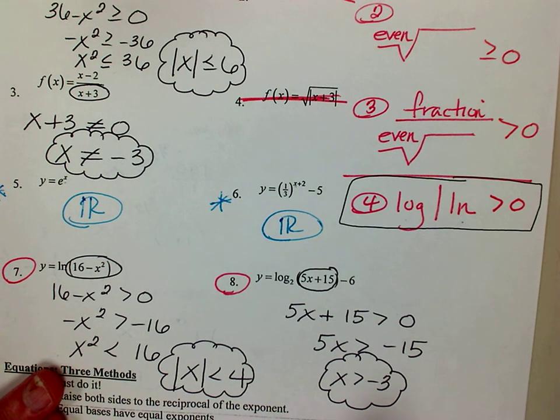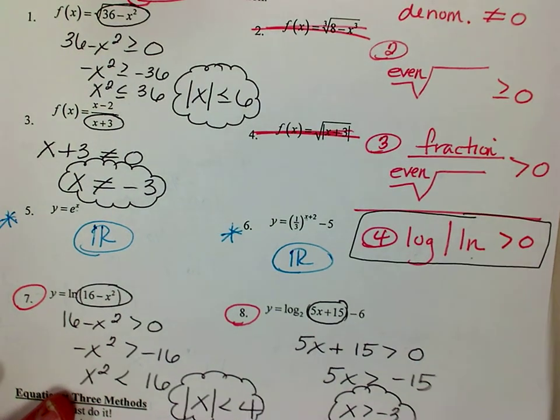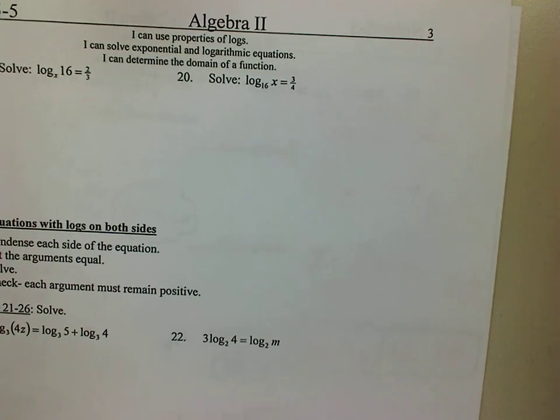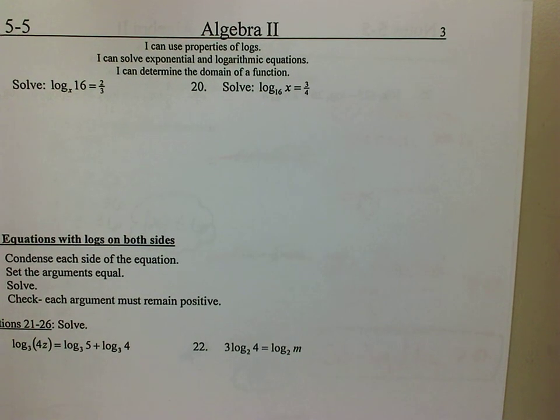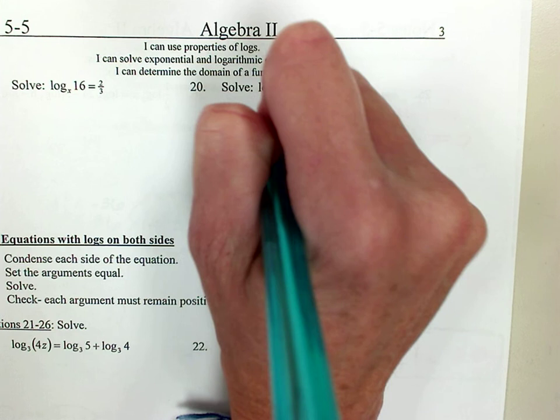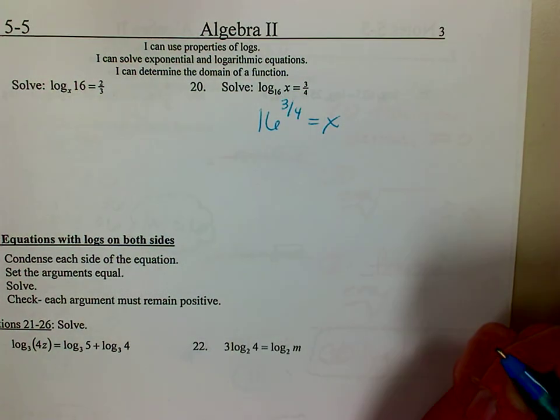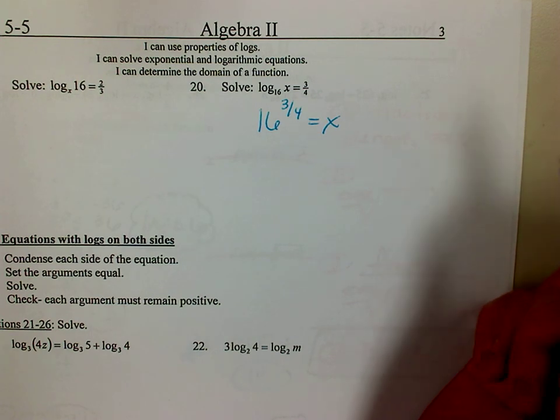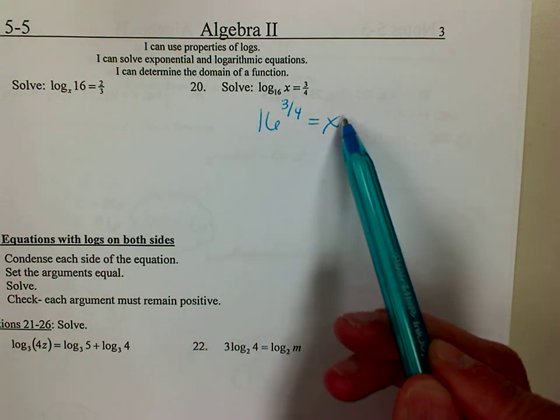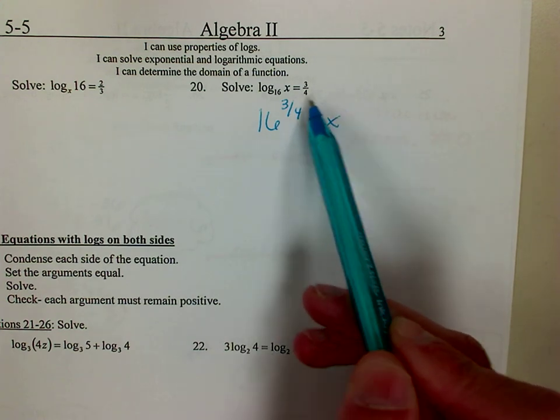Okay, and then the last one that's like the rest that we just did is 20. Okay, so I'm going to, first of all, rewrite that in exponential form. So 16 to the 3/4 equals x. Now the reason these are all similar, these 4 that I've done so far, is that x is the argument.